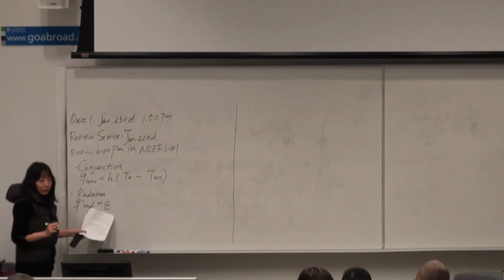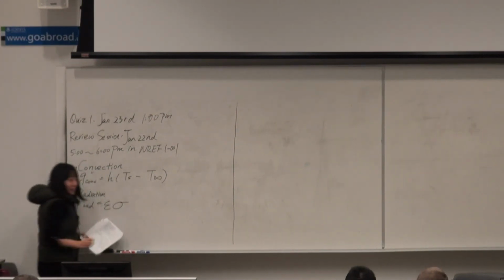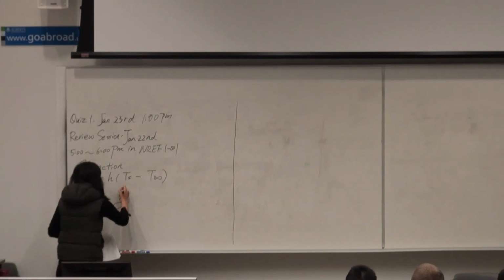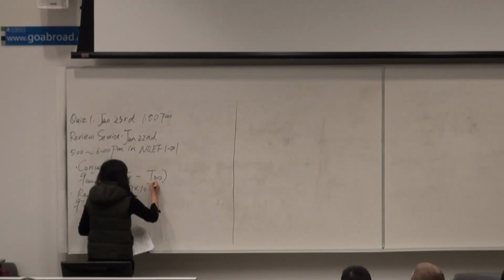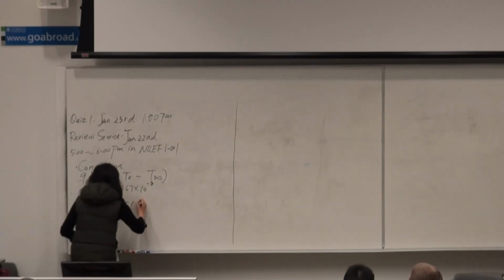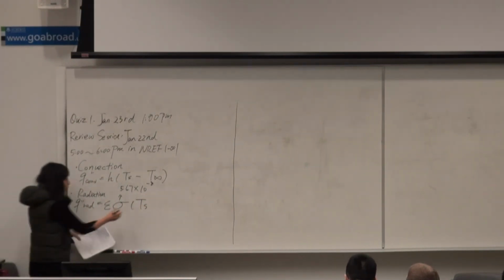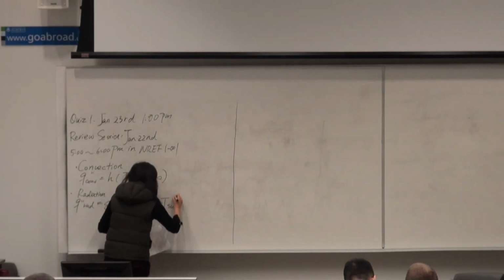The emissivity of the matter times sigma, the Stefan-Boltzmann constant, which is 5.67 times 10 to the minus 8 power, times the surface temperature to the fourth order, minus that of the surrounding.